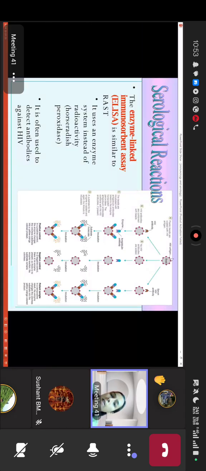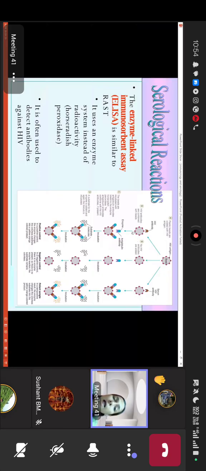So this is the process. Here is the HIV antigen. Now these are the HIV antibodies which combine with the beads which are present on the HIV antigen. If there are no HIV antibodies, there is no attachment. After that, enzymes are added, right?